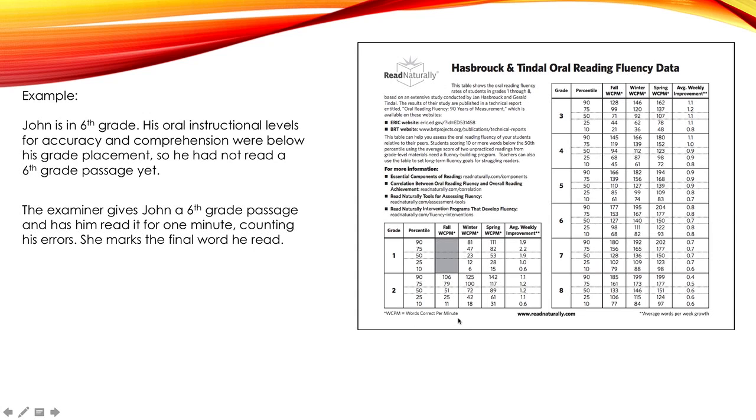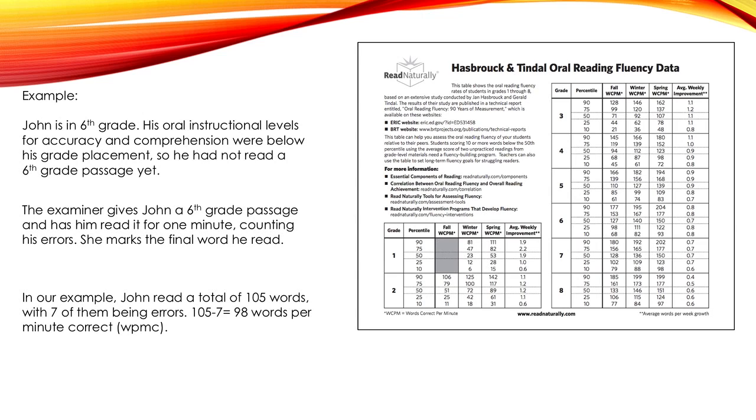So we're going to pick a 6th grade passage, have John read it for 1 minute while we time him. We're going to count his errors, and then you're going to mark the final word he read. So if John read a total of 105 words, 7 of them were errors or deviations from print, you just subtract and you get 98 words per minute correct.